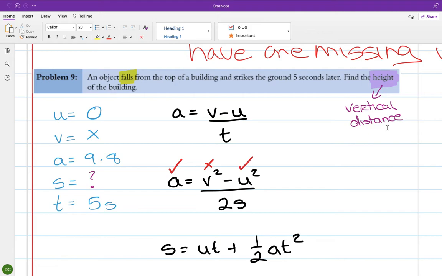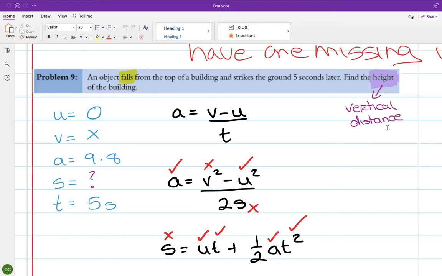I have initial speed, and I don't have distance. So that's not going to be solvable because I have two X's. So let's go down to the next one. I don't have distance, I'm trying to find it. Do I have U? I do. I have T. I have A, and I have T. Okay, so it's that one. Brilliant.